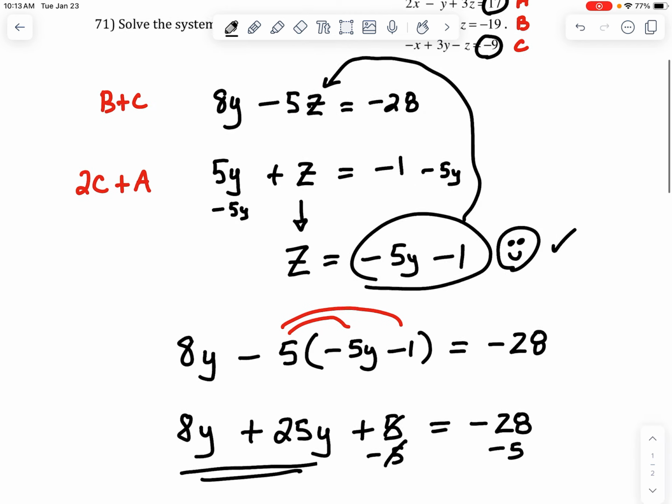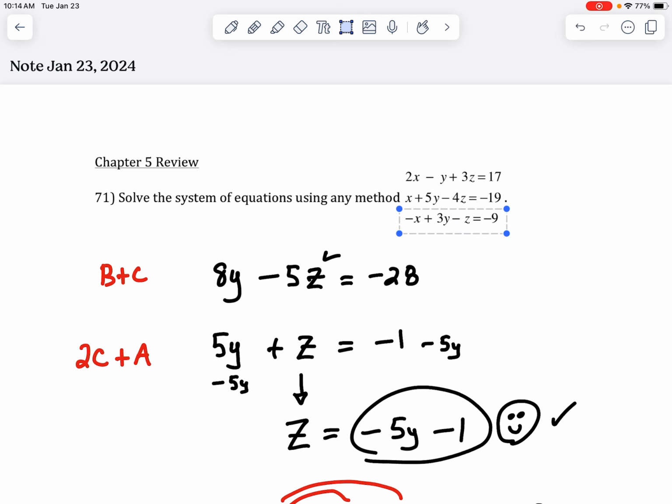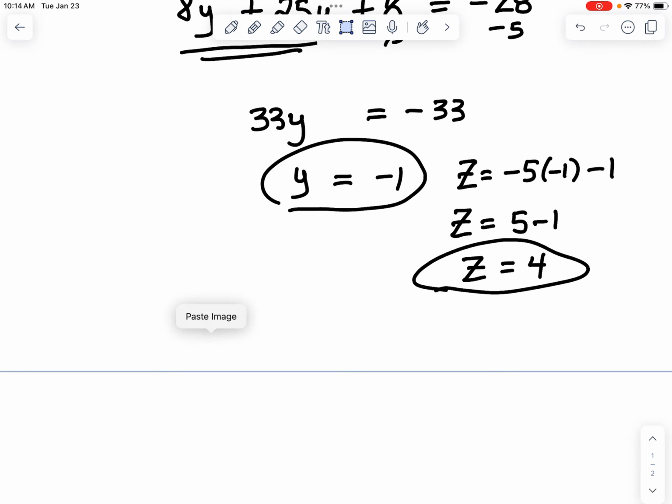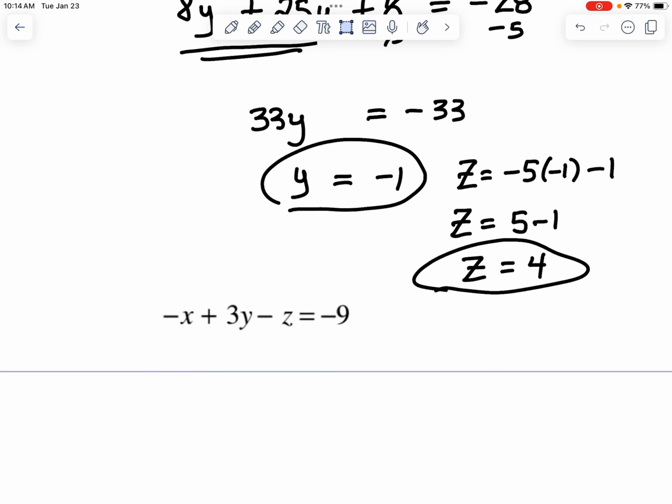So go back to the original equations, clean this up a little bit, and which one looks easiest to use? I guess the bottom one has the smallest numbers, so I'm going to use the bottom equation, and then substitute what we got for y and what we got for z.